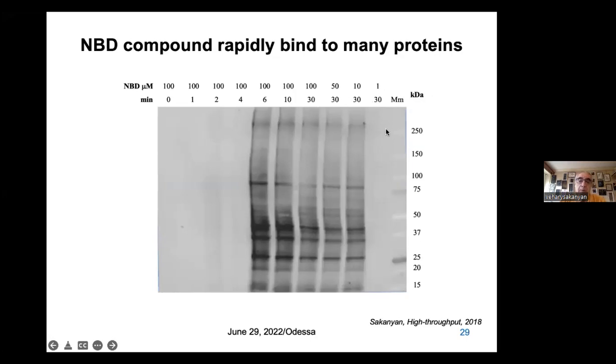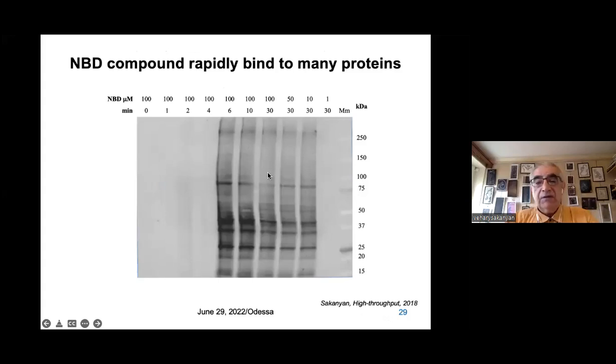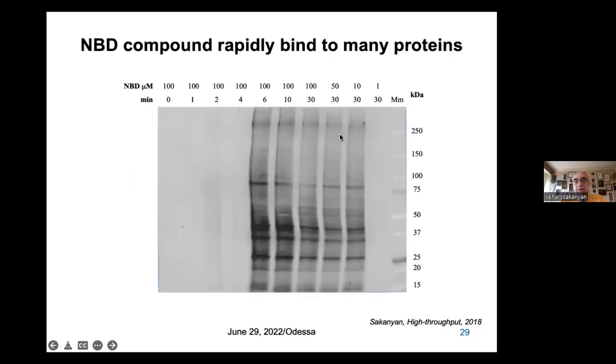Probably it even works at 1 millimolar, but that is the sensitivity of the technique which has been used. And we can see, starting at maybe between 4 and 6 minutes, about 5 minutes, the appearance of these perfect bands. And these bands are still visible up to 10 millimolar of the non-embedded compounds which have been used.